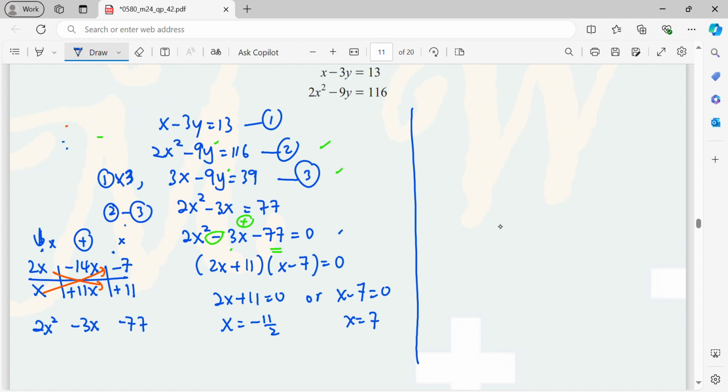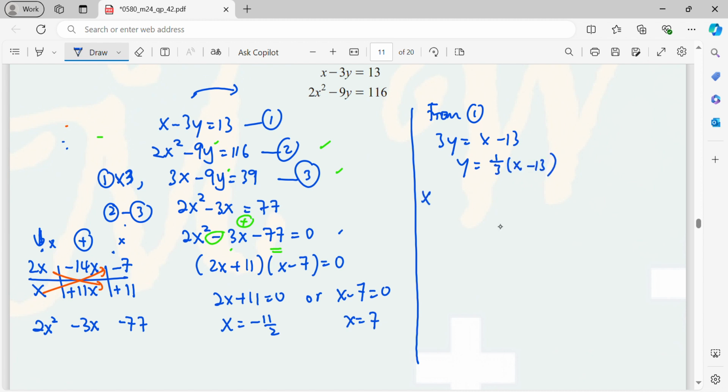So now I will get it from the first equation. So from first, I will rearrange to get my y first. So it means that this minus 3y will be moved to right side and the 13 moved to left side, which means 3y is basically x minus 13. Hence my y is 1 over 3 times x minus 13.